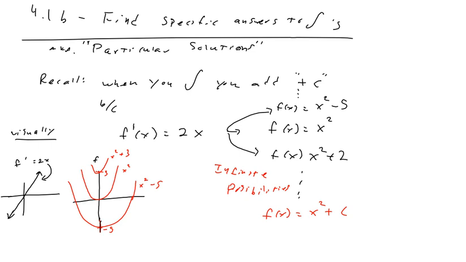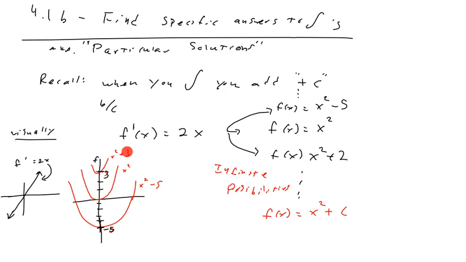This equation goes down to negative 5, this one goes up to positive 3. You can have all these different parabolic, quadratic graphs in all these different locations. And every single one of these has the exact same derivative. They all have the derivative of 2x.